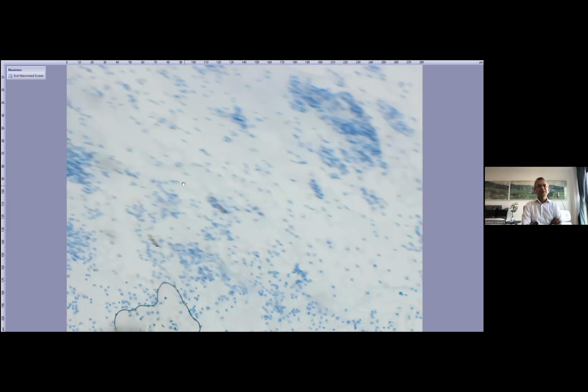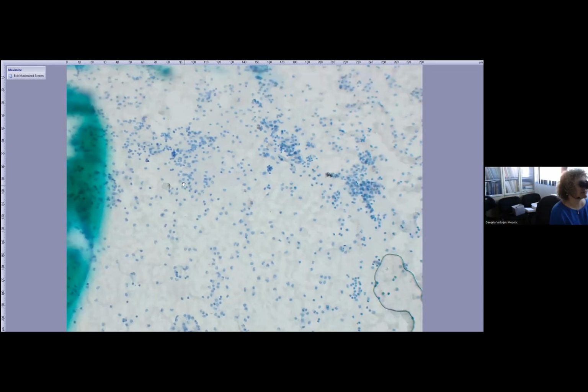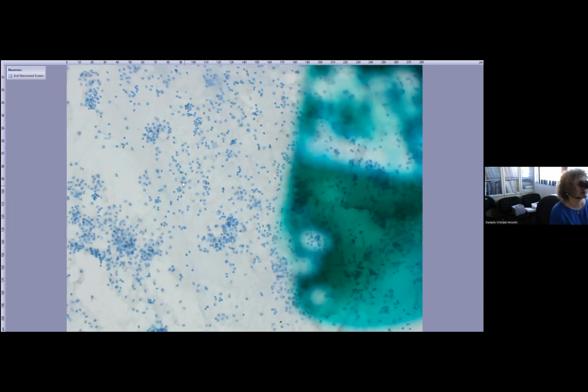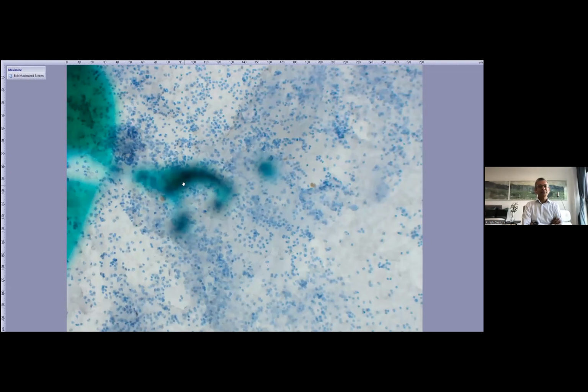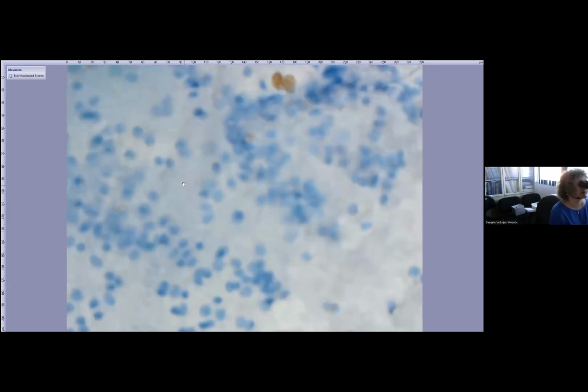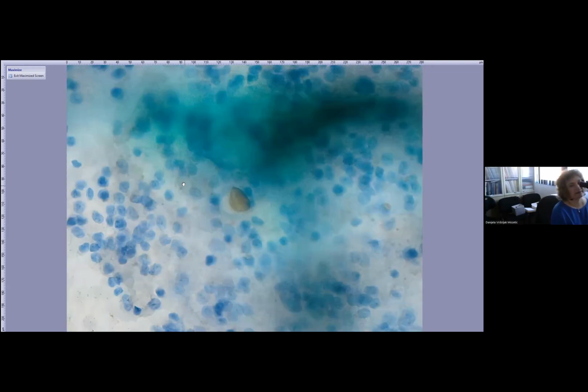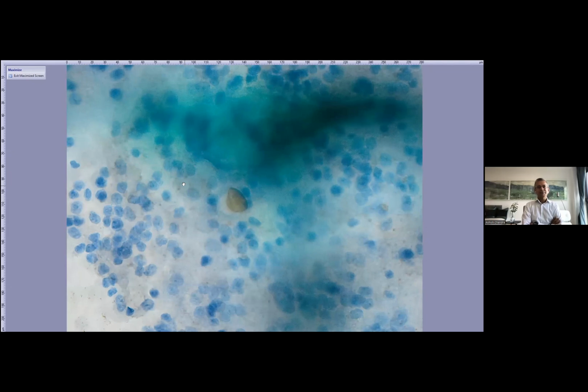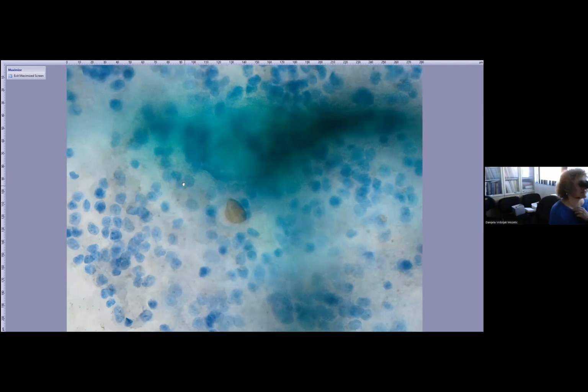Maybe I will show another as well. Yes, I think it is not so good here. Okay, they are there. Yeah, there are a few cells with nuclear positivity, here and here. With time, we know that immunocytochemistry can really go pale.